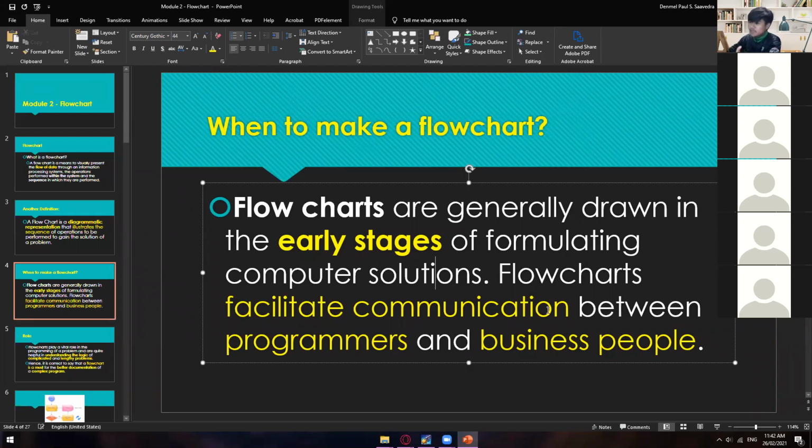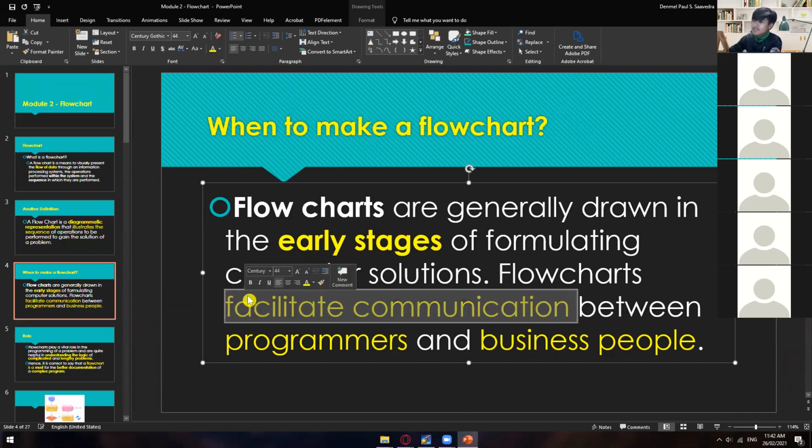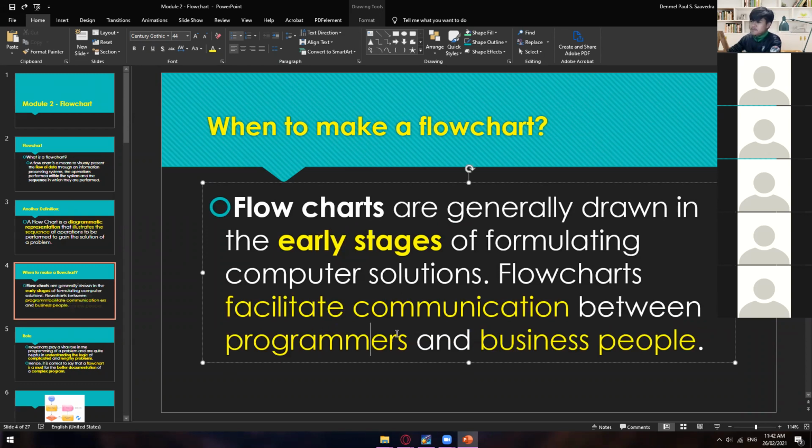That is why they say this facilitates communication from the programmers to the business people. This is how we sell our product with the use of a flowchart. For example, this is how the system works. We don't explain the system by explaining the code step by step, we explain the system by using a flowchart.